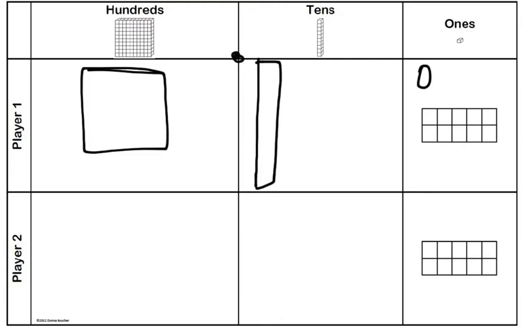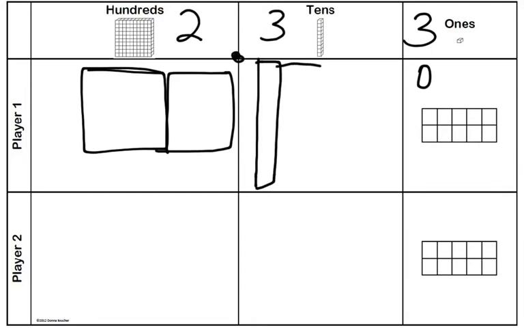So if you had 2 and 33 thousandths, for example, that would be 2 wholes, 3 tenths, and 3 hundredths. So that's how we're going to use them today.